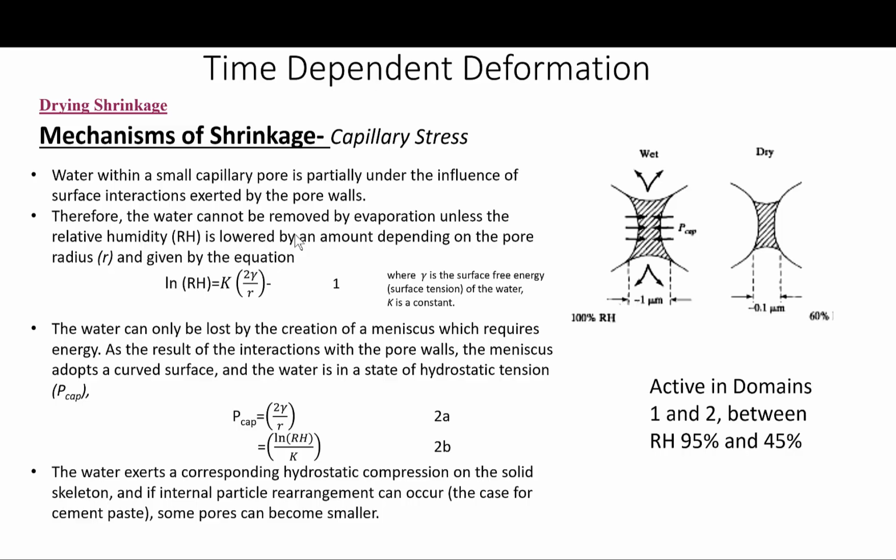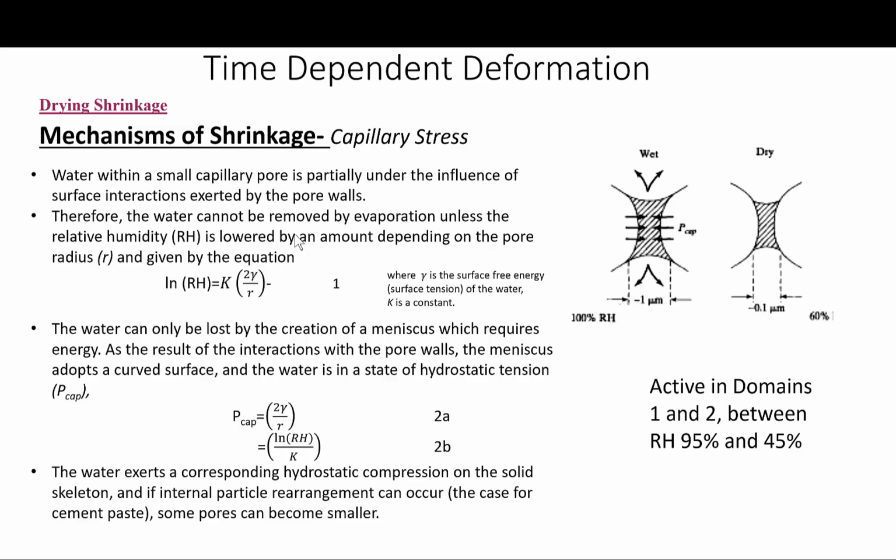Let's look at the capillary stress. As we may have explained before, water within the small capillary pore is partially under the influence of the surface interactions exerted by the pore walls.